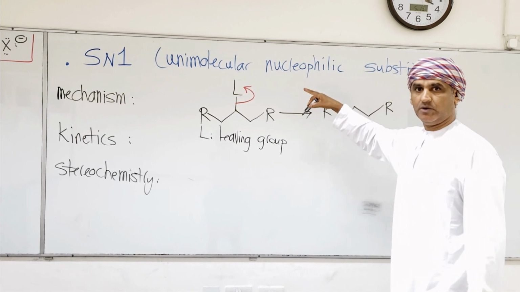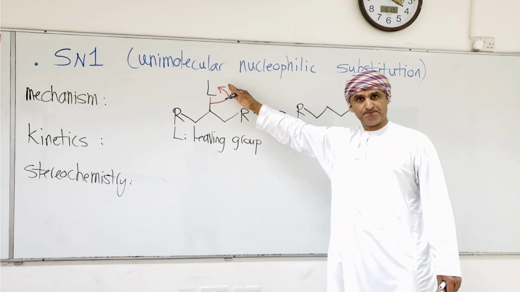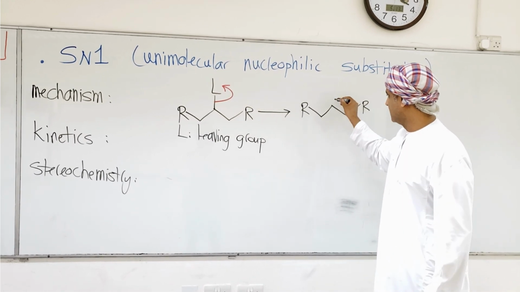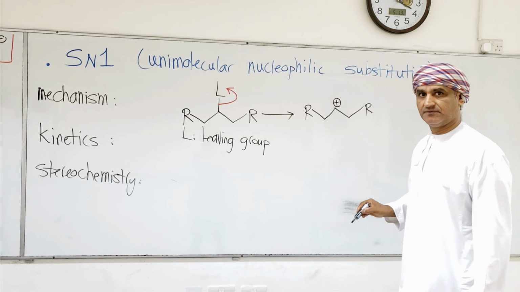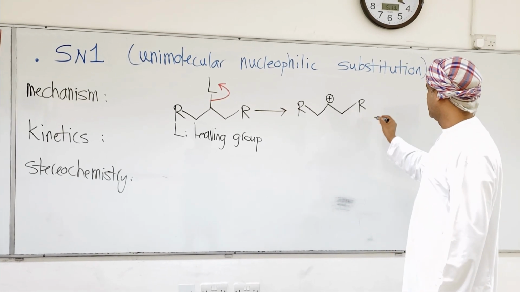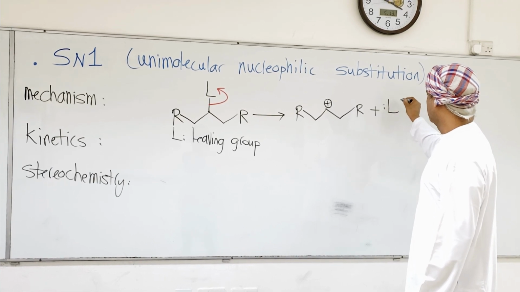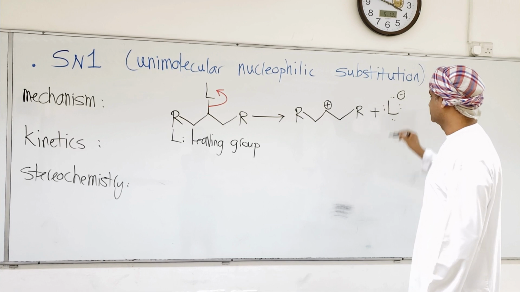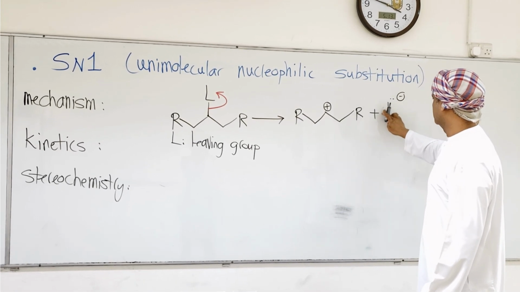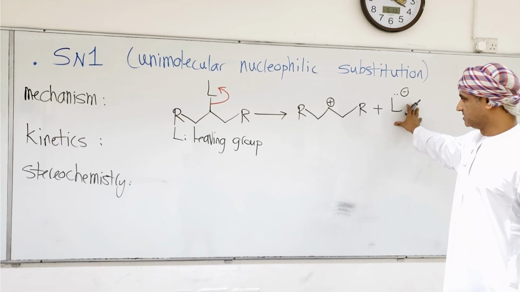The C-L bond has been broken, the 2 electrons have been released to L, and this means that this carbon must carry a positive charge, and of course here we have L minus, it could be X minus or L minus in general, maybe L minus with 1 lone pair, that's enough as a general representation.